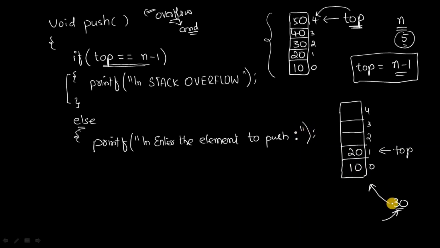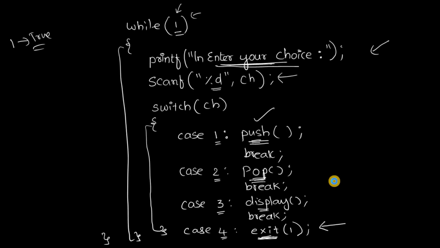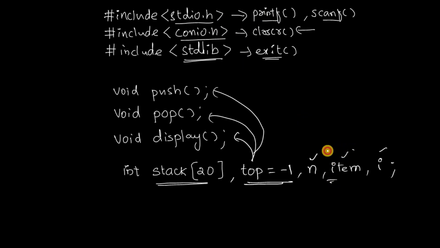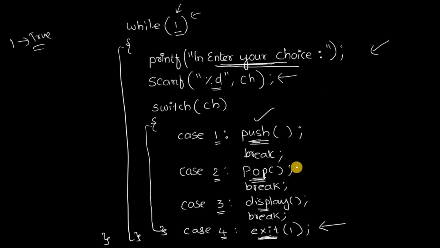Whatever value the user enters, I want to store that value in a variable called item. See here, at the top of the program, I have declared that variable, item. So I am going to use that variable here.